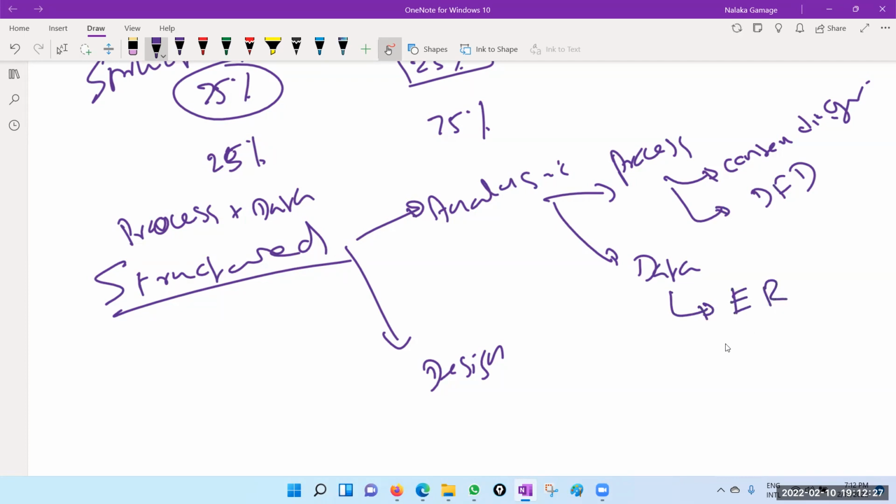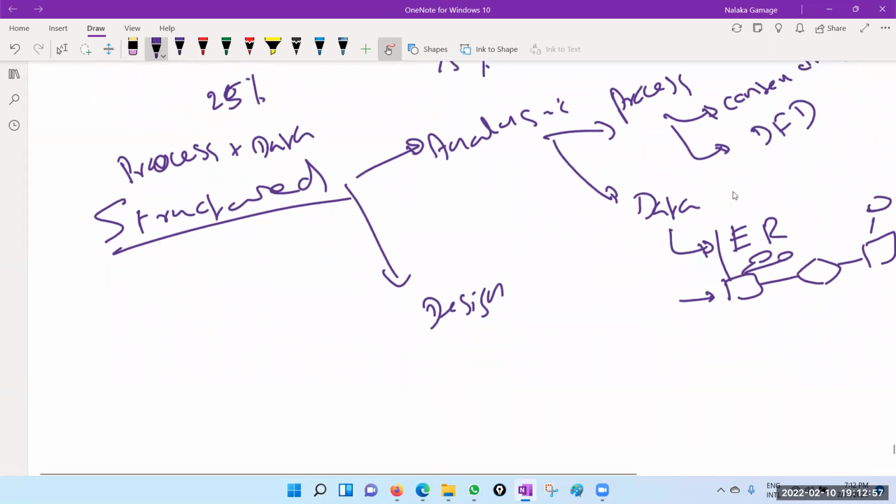A lot of students don't know the difference between this ER and the design ER, so when we ask them to send us the design ER, they send this. It's unfortunate. So this is your analysis ER, and this is your process modeling: context diagram and data flow diagram.